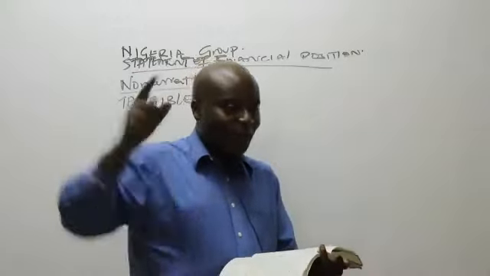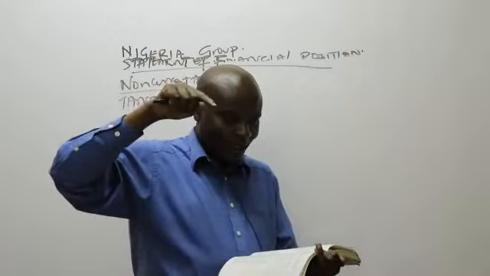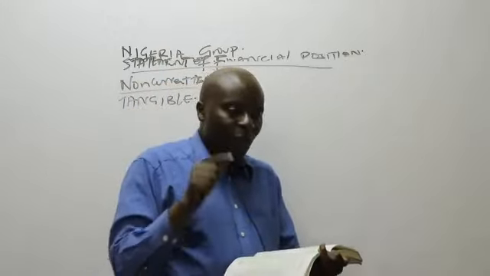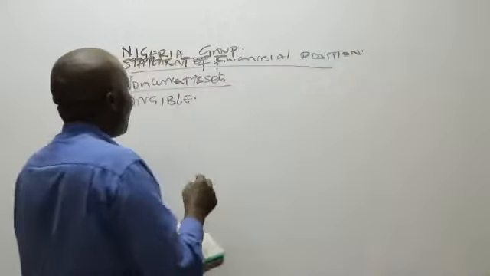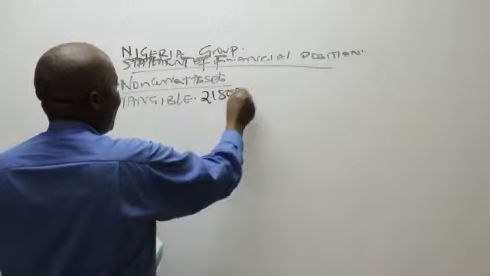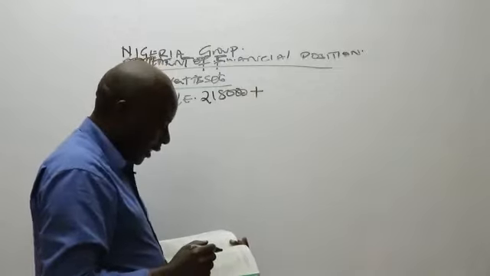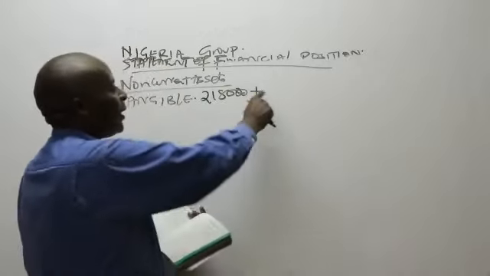Now remember, I've been able to translate the balance sheet of the subsidiary. So for the tangible, if you guys are good, you'll be able to see the figure of the parent is 218,000 tangible. 218,000 plus the one of the subsidiary.